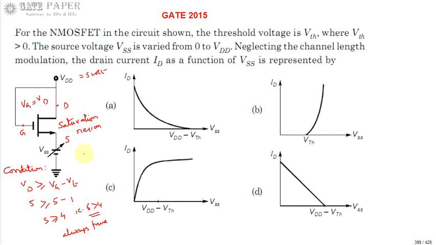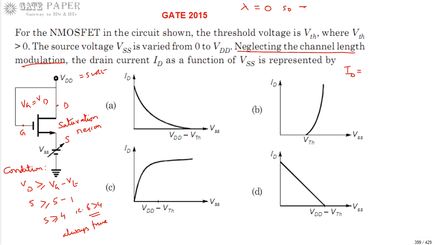And we know that in saturation, drain current is independent of drain to source voltage, whenever the channel length modulation effect is not taken into account. It has been given, neglecting channel length modulation. The channel length modulation parameter is lambda, and lambda is given as 0.